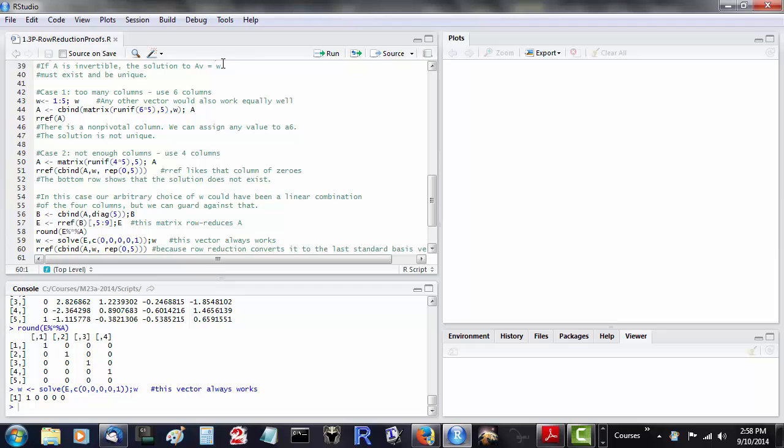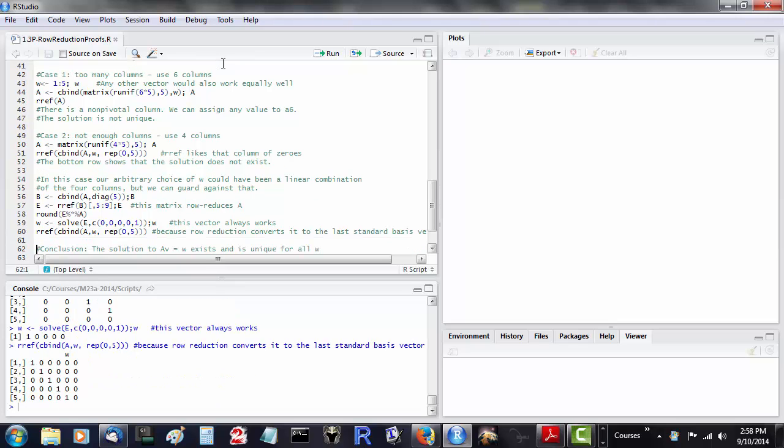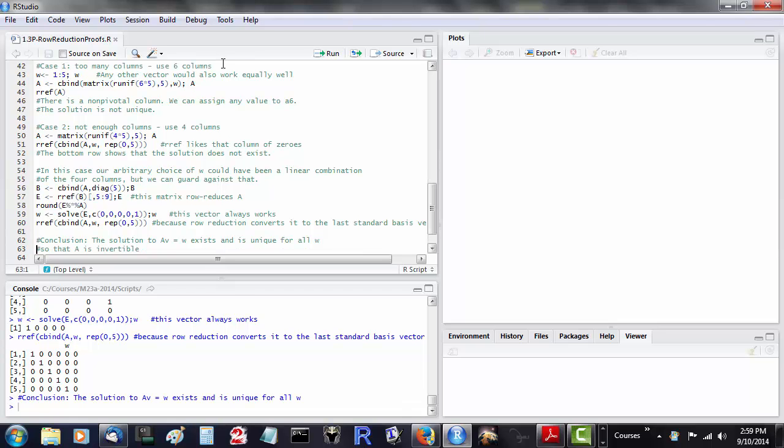When I do row reduction, that vector that I've constructed by applying E inverse to W is guaranteed to get converted by row reduction to the last standard basis vector, which sits opposite a row of zeros to its left and proves that there is indeed a vector that's not in the span of the columns of the matrix.